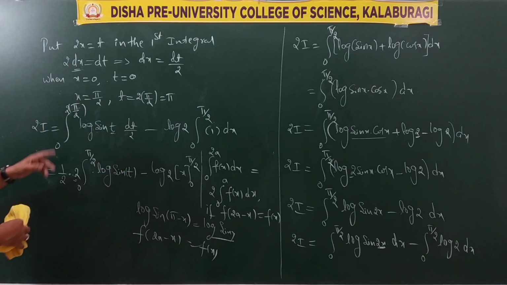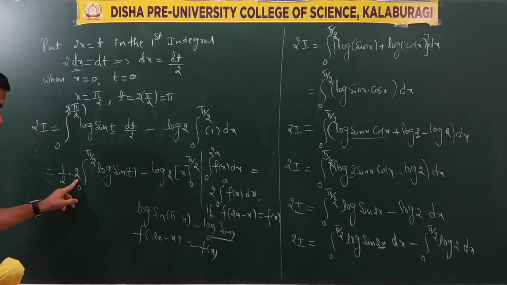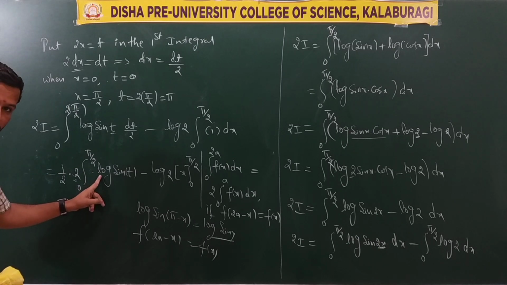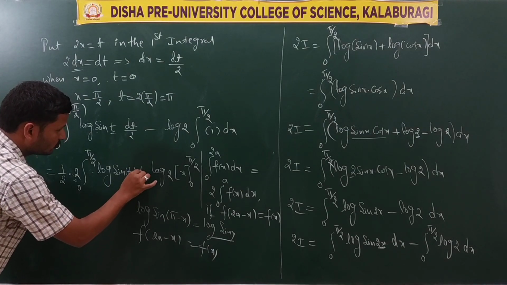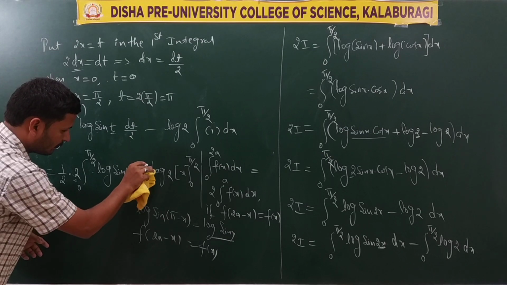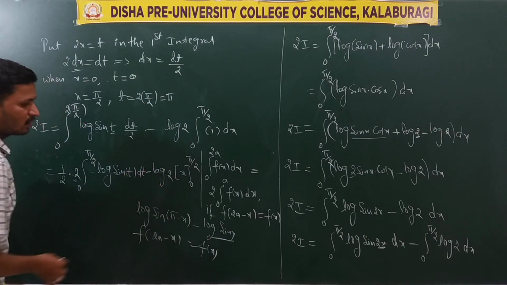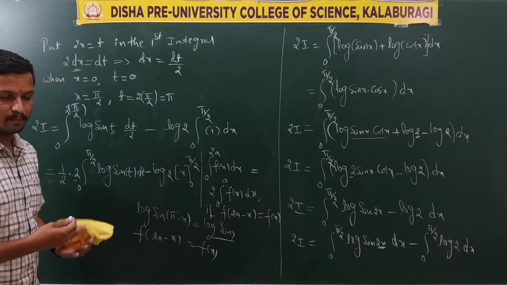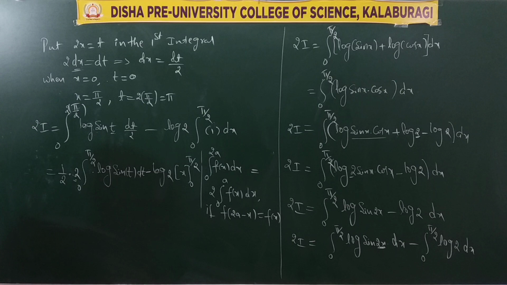So hagagi nanu integration from 0 to pi can be written as 2 times of 0 to a log of f of x, minus log 2 into x, integral from lower limit is 0 and here upper limit is pi by 2. The next step is here 2 to get cancelled.